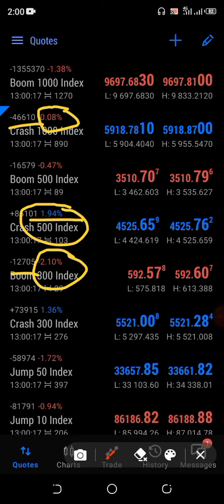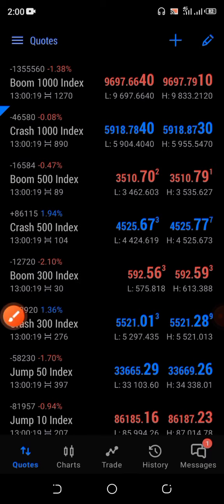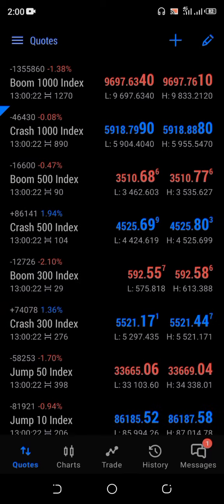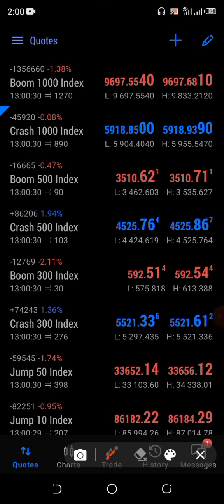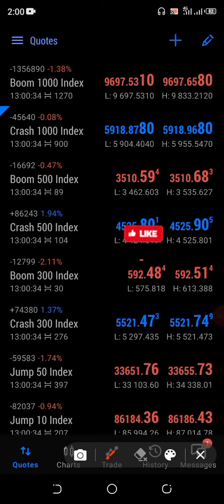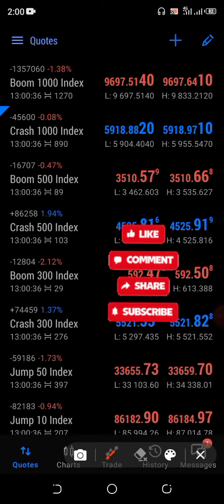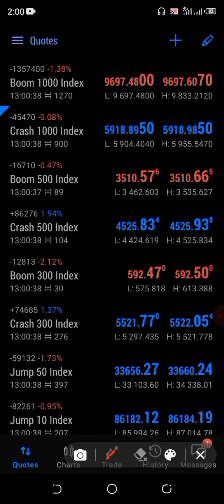What do those things represent? By default, this place shows a sign that the market has more tendency. You know that each red represents sell and each blue represents buy.